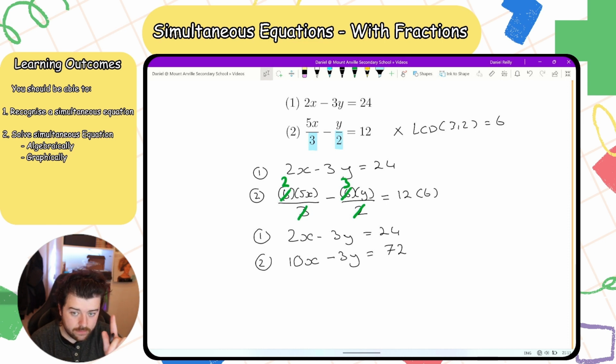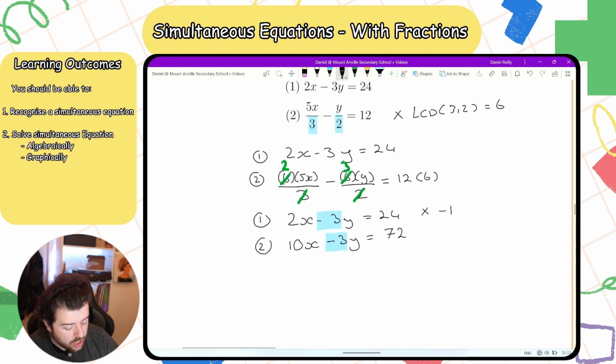So I want to get rid of my x or y. In this case, I'm just looking here. Well, y already has the same coefficient, but these have the same sign. So I just want to flip all the signs in this. And how I do that is, if you want to flip all the signs, you just multiply across by -1, right? So that changes all the signs while keeping the actual value of the number.